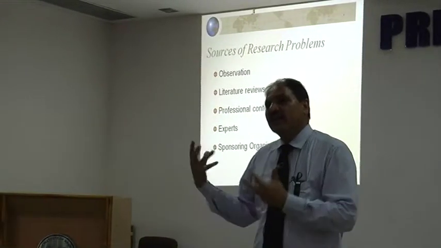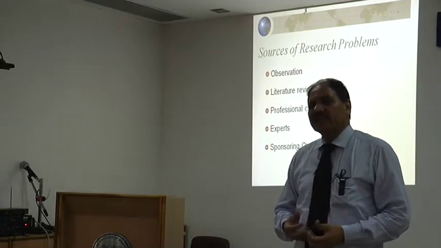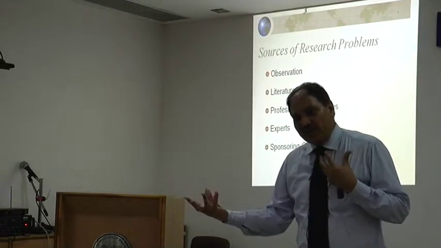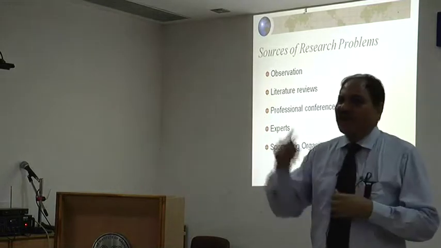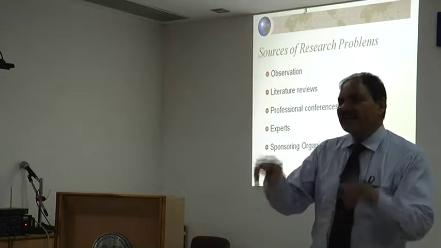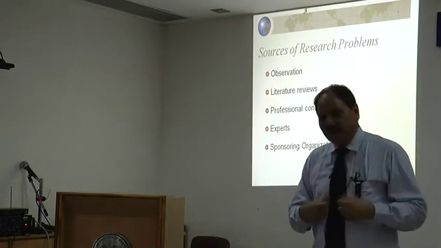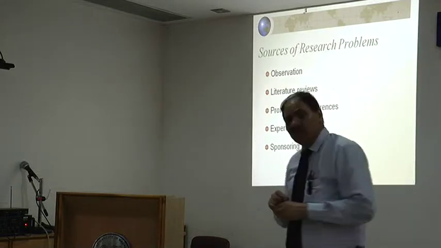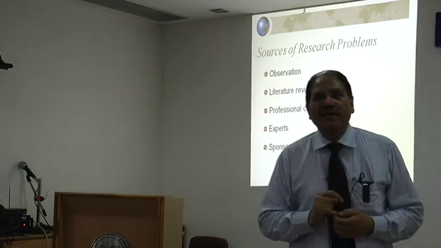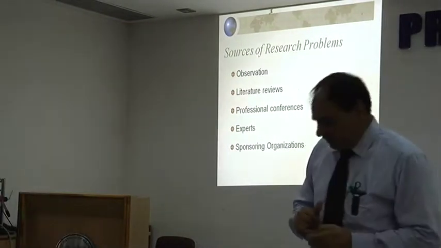It could be an organization wherein a senior executive who is working in the organization knows the problem in the organization, so he asks for research to be carried out in that area. So the problem may come from the sponsoring organization. That is the last one, sponsoring organization, that the problem may also be given by the sponsoring organization that you need to work on this.